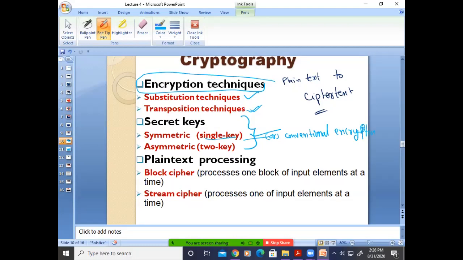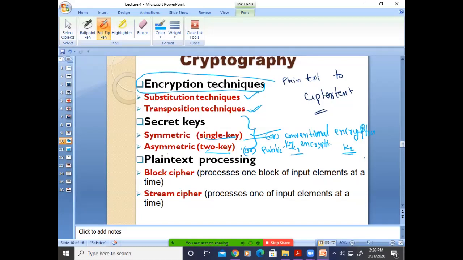If encryption and decryption use different keys, so the sender side is using K1 and the receiver side is using K2 to convert into plaintext, then we can say it's two-key encryption, or asymmetric encryption, or public key encryption, okay?